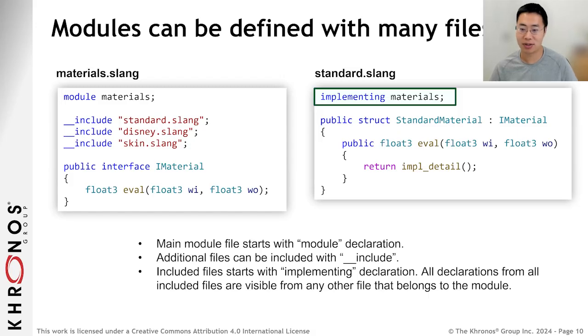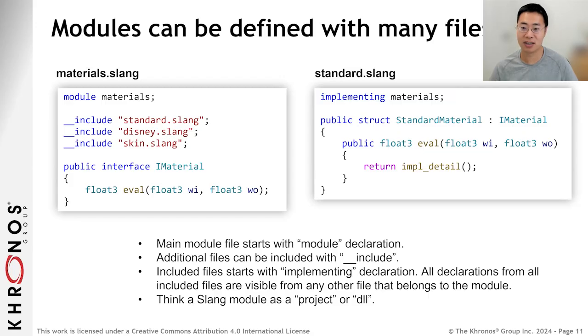And one thing to note is that within the module, everything is visible to each other, regardless of which file they are defined in. So for example, a function in standard.slang will be able to call another function defined in skin.slang, simply because they are both part of the materials module, even though in standard.slang I'm not directly including the skin.slang file.